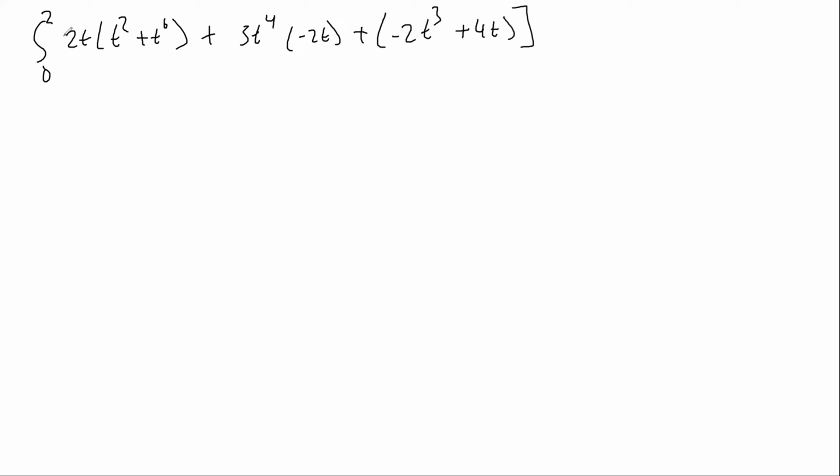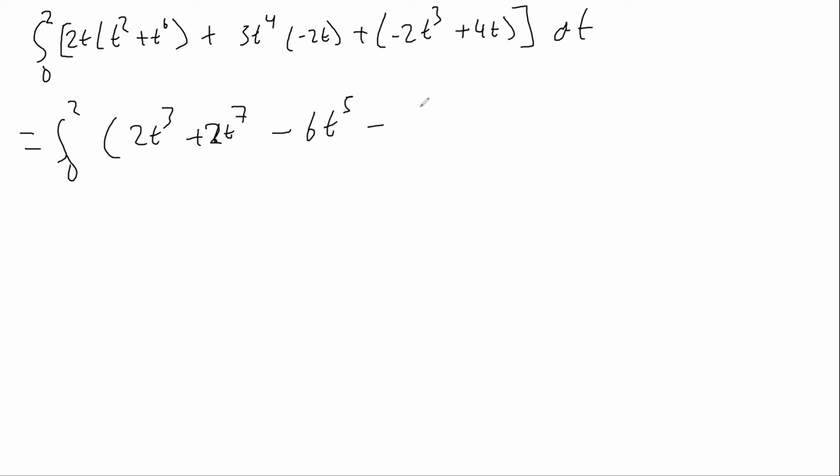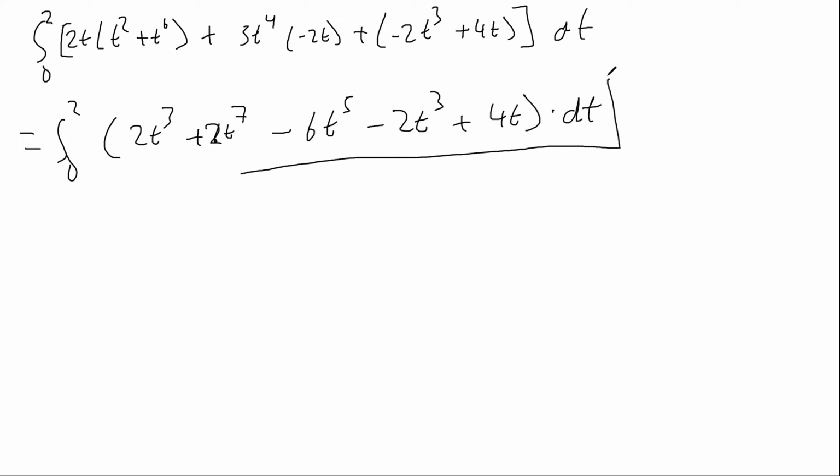Integrating this with respect to time and simplifying, I get the integral from 0 to 2 of 2t cubed plus 2t to the seventh minus 6t to the power 5 minus 2t cubed plus 4t. I'm just going to leave this right there for you guys to solve.